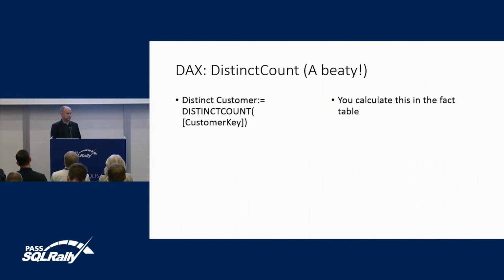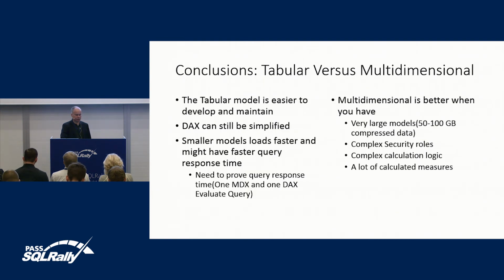And this one was added in the 2012 version of Power Pivot and DAX and Tabular. Before that, you had to use a little bit more complex function here. So you calculate that in the fact table, and it will work. It will perform like magic. It's really good.